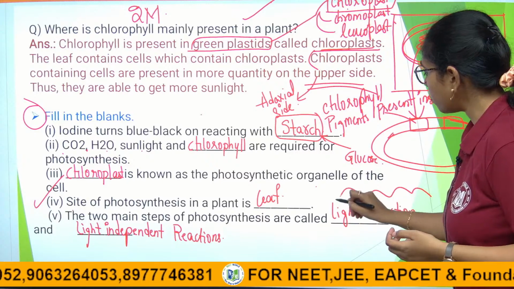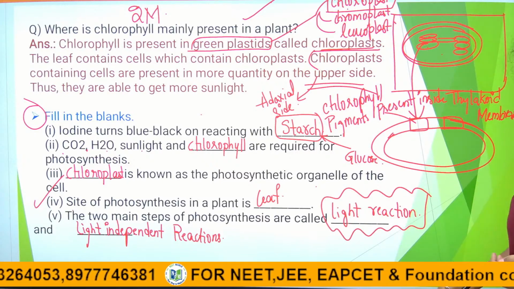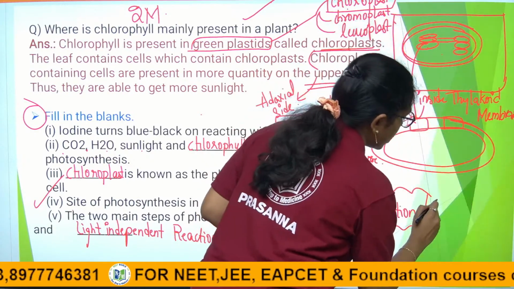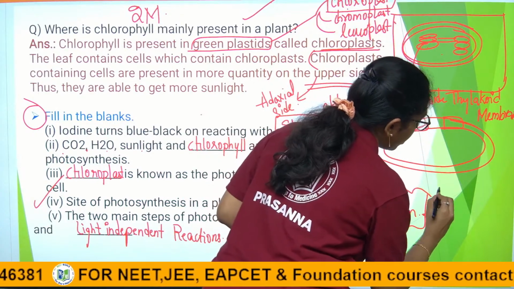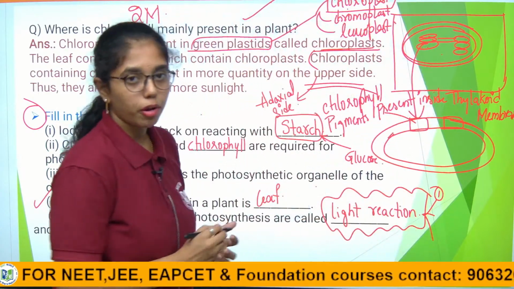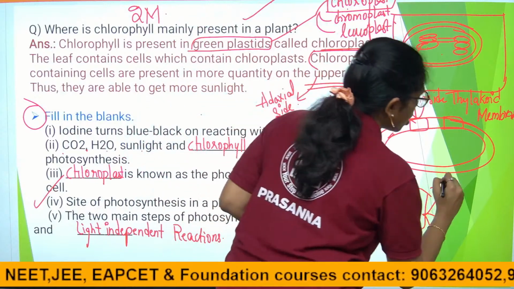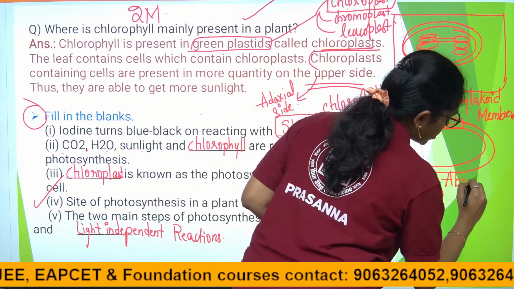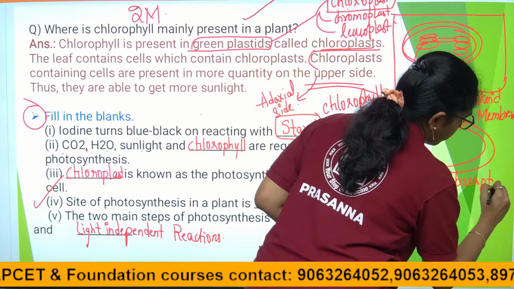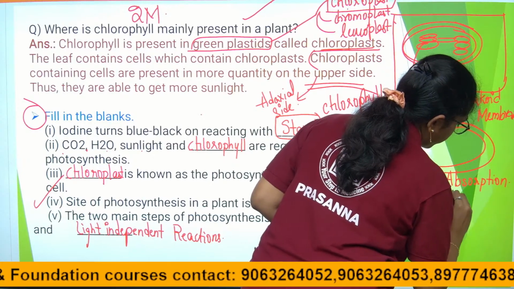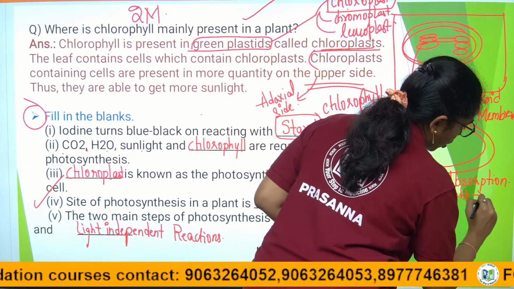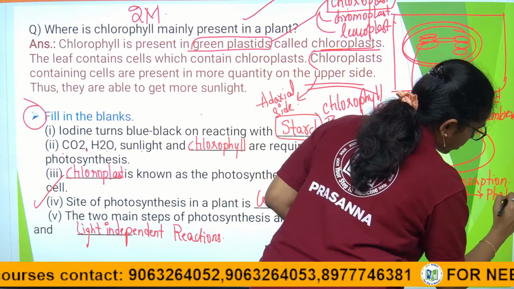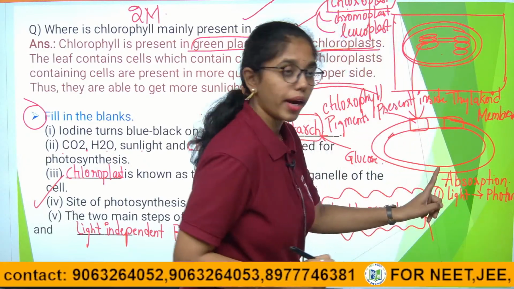As we discussed yesterday, the first step of light reaction is absorption of light in the form of photons. This takes place in the thylakoid membrane.